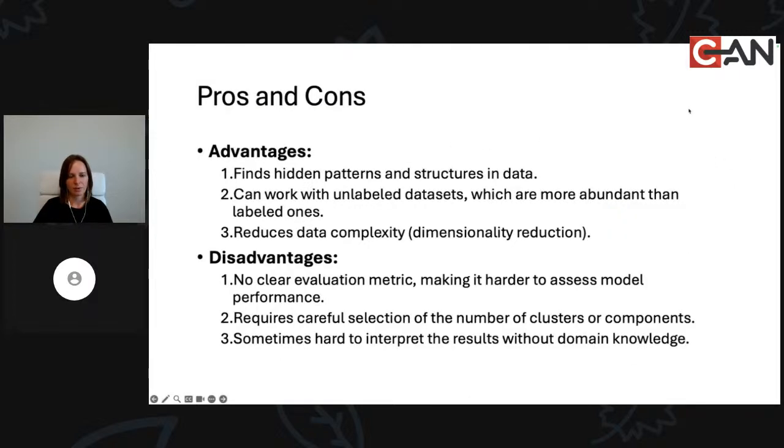There are a couple of pros and cons to using unsupervised learning. It really is a pro that you don't have labeled data, because you don't have to go through and label all of this data or go through an exercise of trying to find ways to create those labels. You can just leverage these algorithms to create those labels for you, the clusters that are essentially those hidden patterns and structure within the data.